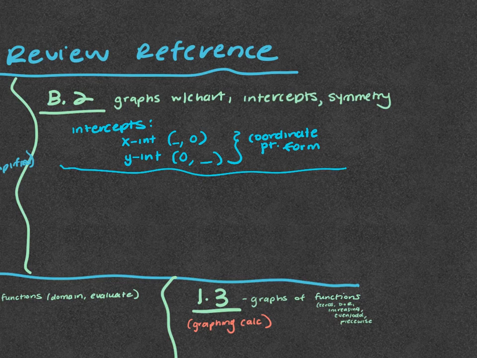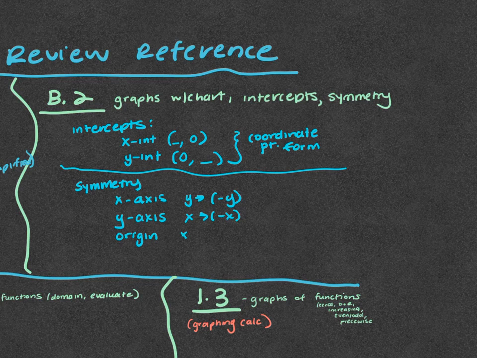Then symmetry came from this section as well. X-axis, the test is to plug in, change y to a negative y. Y-axis, you change x to a negative x, and origin, you change both.